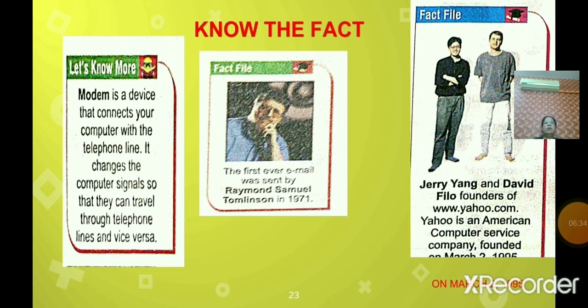A modem acts as a digital translator, taking an information signal from your cable or phone lines and making it accessible to your computer. Because a telephone line produces analog signals and our computer produces digital signals, with the help of the modem, it converts the analog signal into a digital signal.